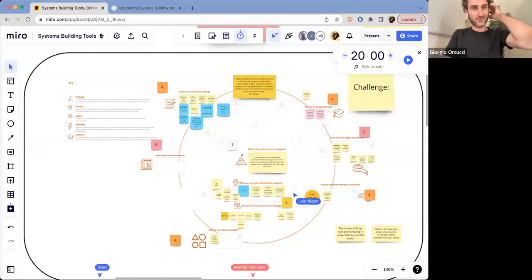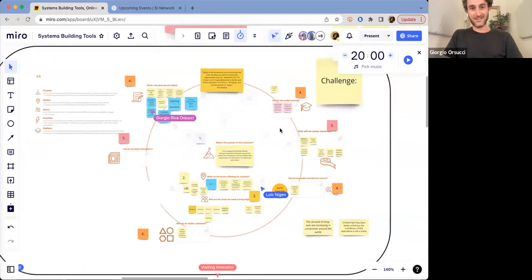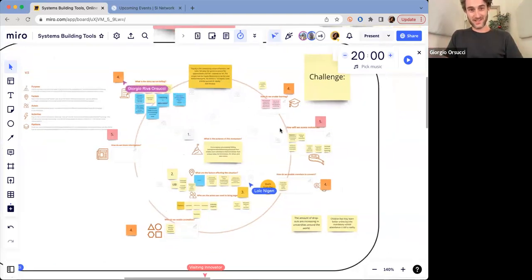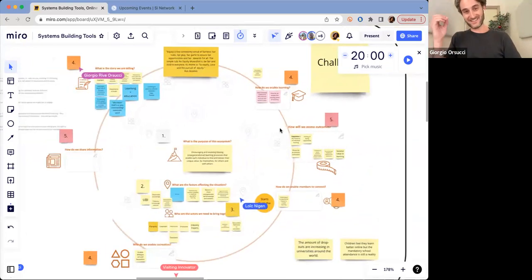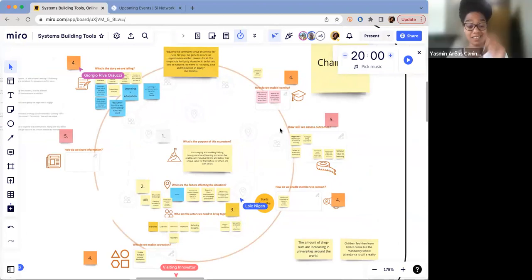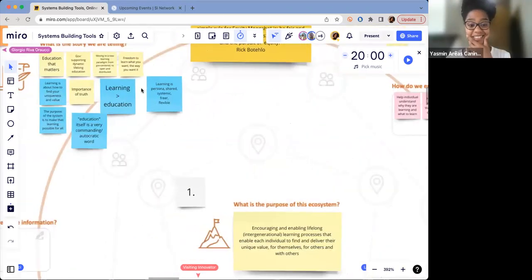Good. So maybe we can start with Group 1 again and see how that part went. Let me share my screen. Yep. We had a very broad challenge of how do we see education in the future, which actors, and in general. So what is the story that we want to tell? First of all, we don't even like the word education itself because it gives a bit of a weak kind of experience, so we prefer the word learning.